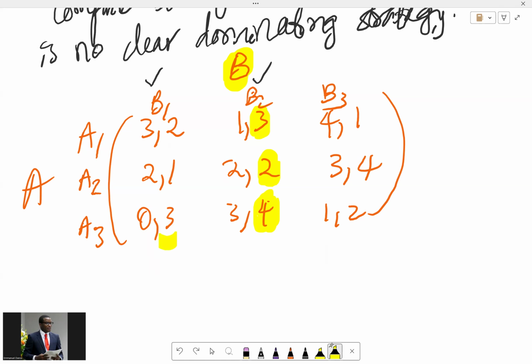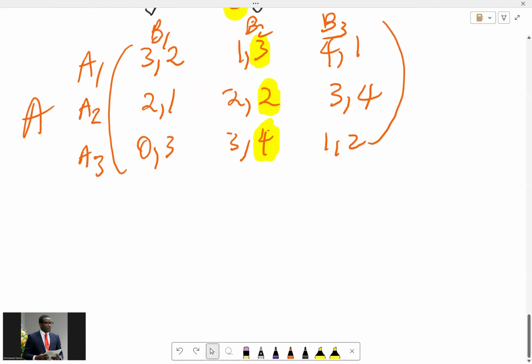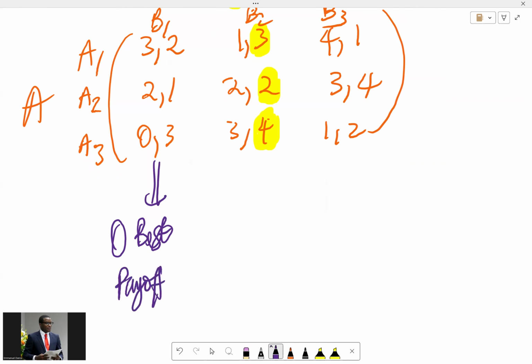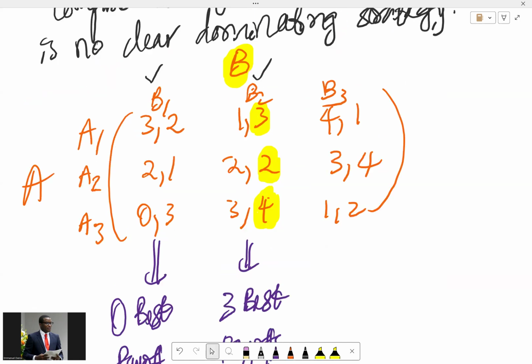So clearly here now, if we do pairs, we see that strategy B1 gives 0 best payoffs. If you compare them in twos like this, then this gives 3 best payoffs. In fact, all the best payoffs are from strategy B2.